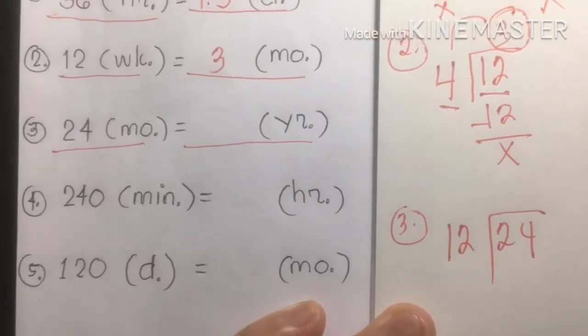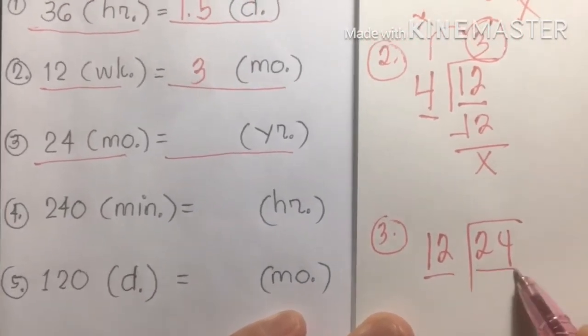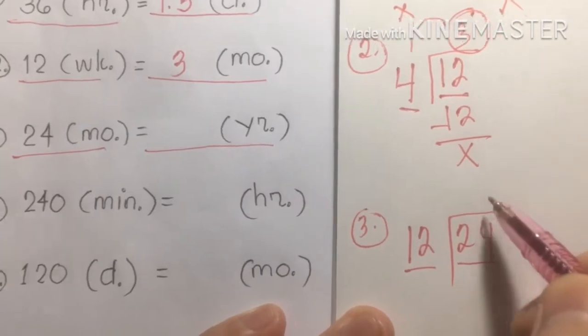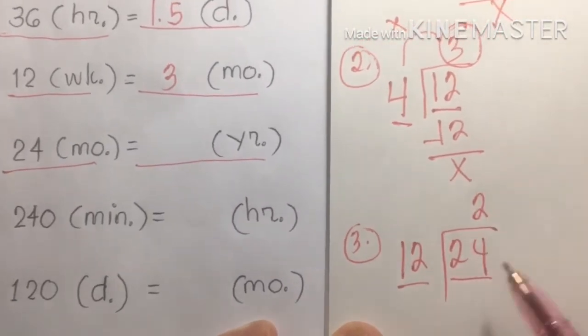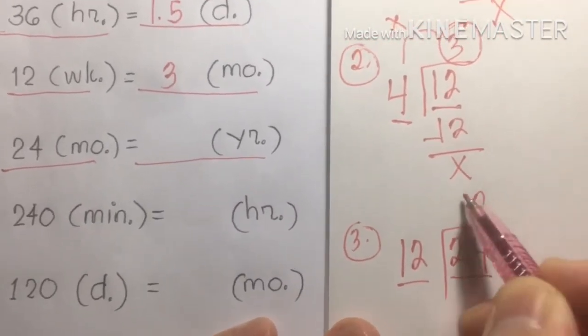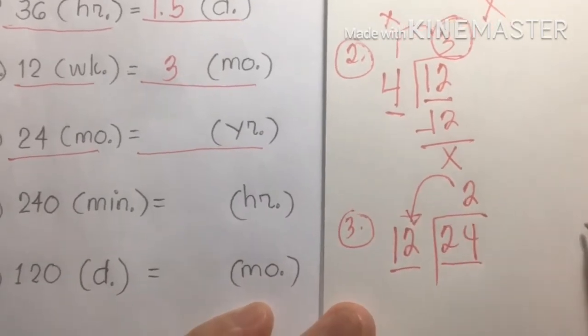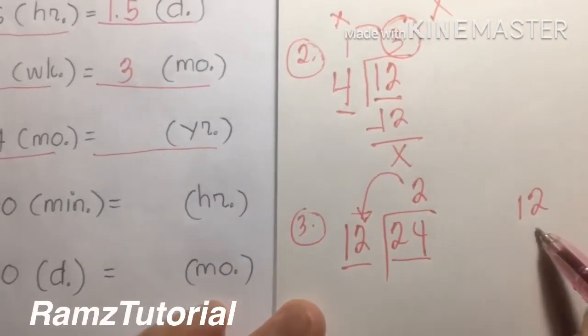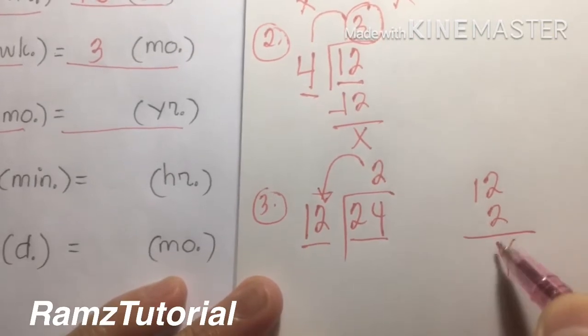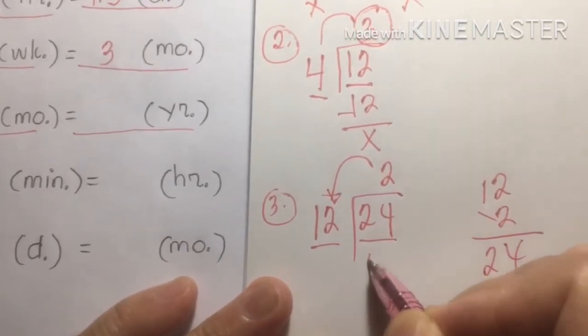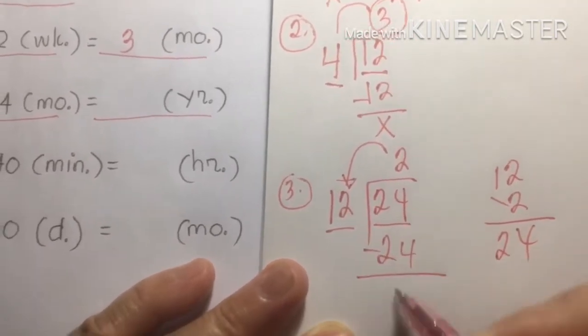Remember, 12 months is equivalent to 1 year. So we're going to write here, class, there are 2, 12, and 24. So 2 times 12. I'm going to show you: 12 times 2, so that's 4, so 2. So we're going to write here 24.